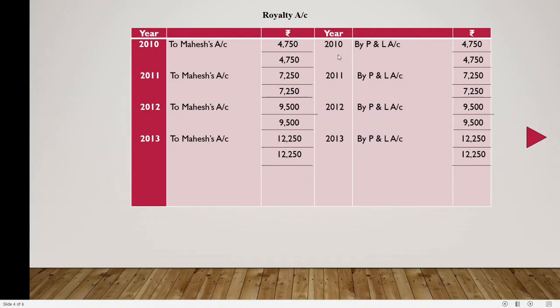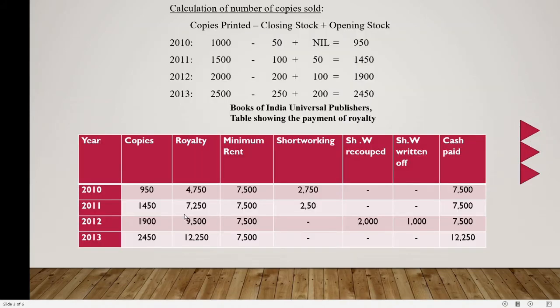For transfer of royalty to profit and loss account, here royalty is based on sales, so we have to transfer the royalty to profit and loss account. By profit and loss account 4,750, total 4,750.